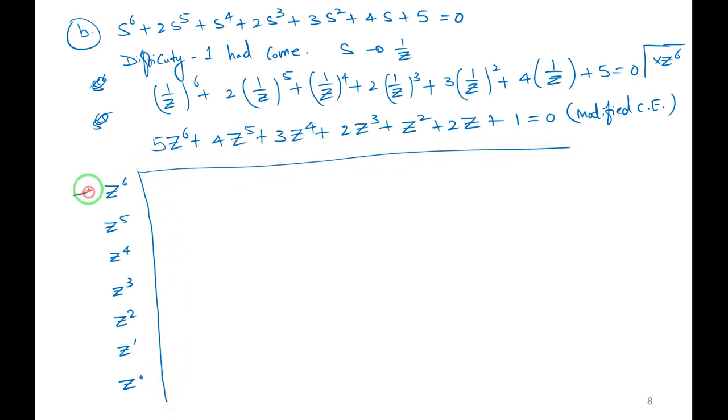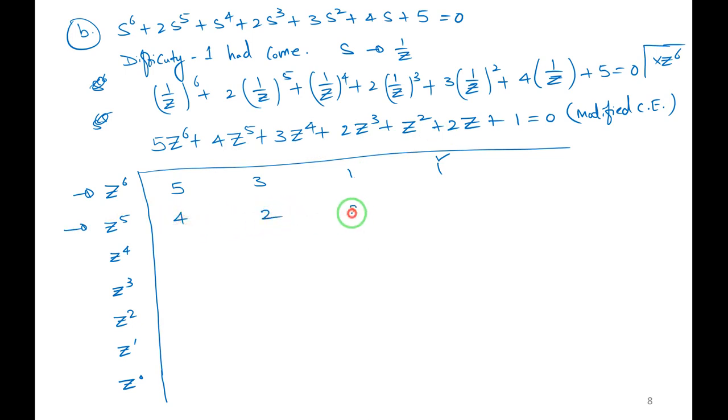First fill up the odd term coefficients: 5 3 1 1. This is the constant term, so mark it. The next even term coefficients: 4 2 2.